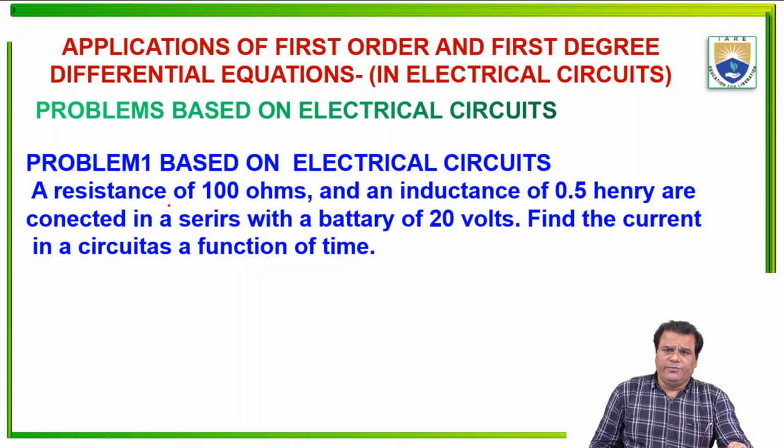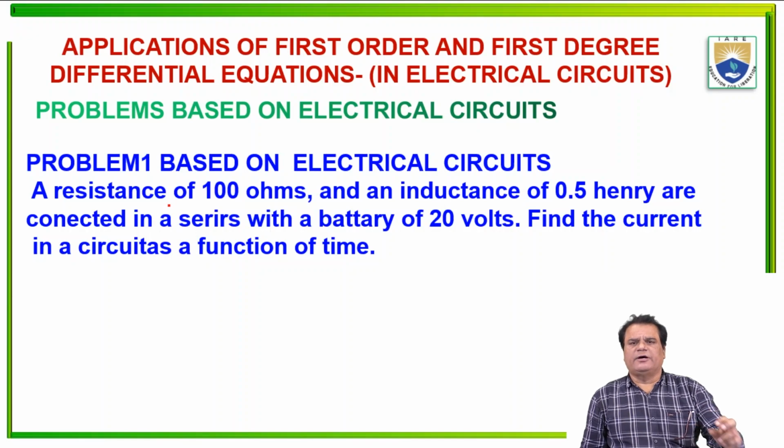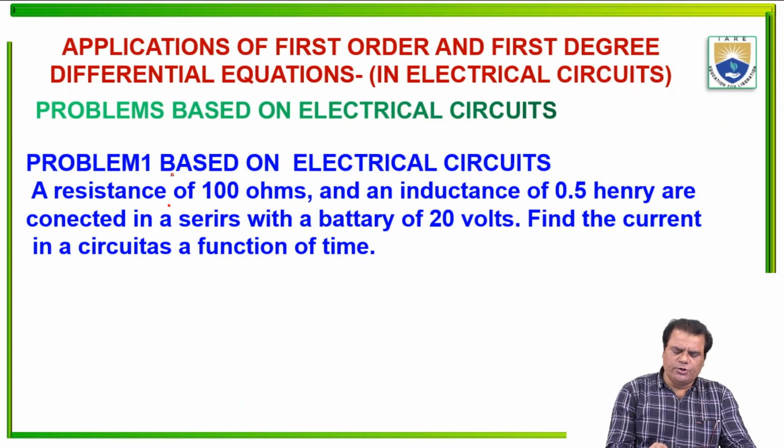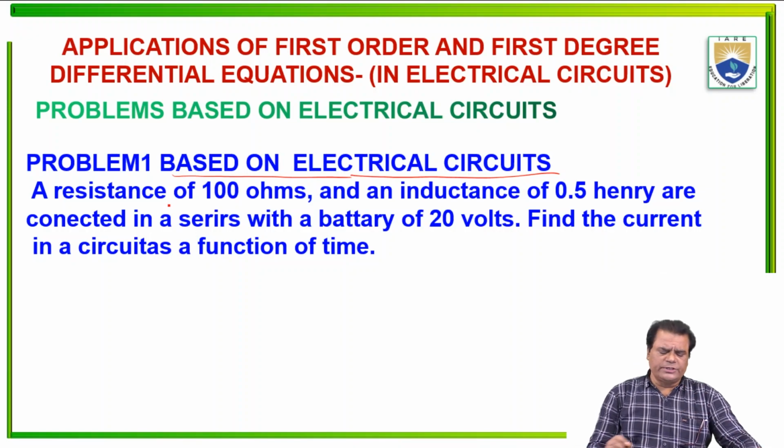Now some problems based on electrical circuits. We want to solve some very easy and interesting problems, and we use the last formula we have already proved. So, problem 1 based on electrical circuits. There are only two circuits.